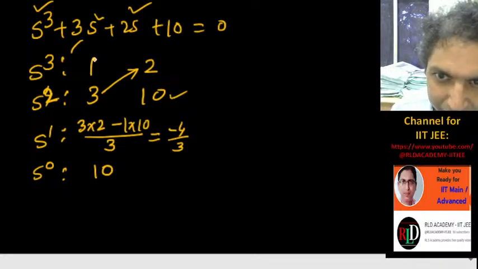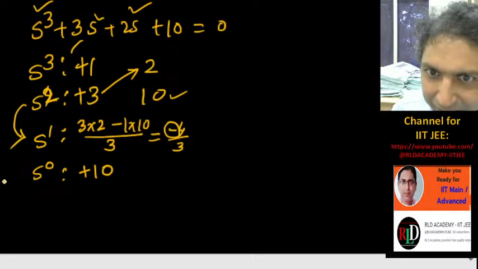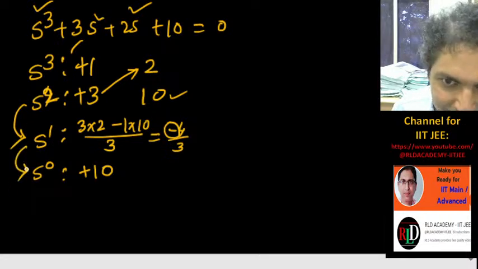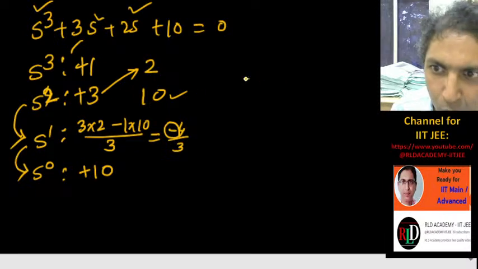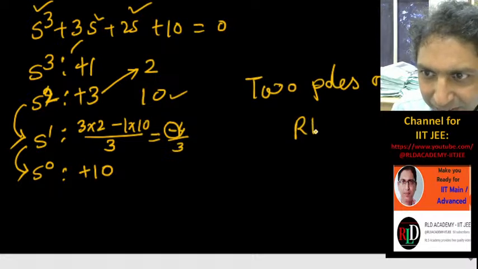Here you can note that the first one is positive, the second one is positive, the third one is negative, and the last one is again positive. So there is a sign change from the second row to the third row, and again from negative to positive, another sign change. So I have two sign changes, which imply two poles on the right hand side of the S-plane.